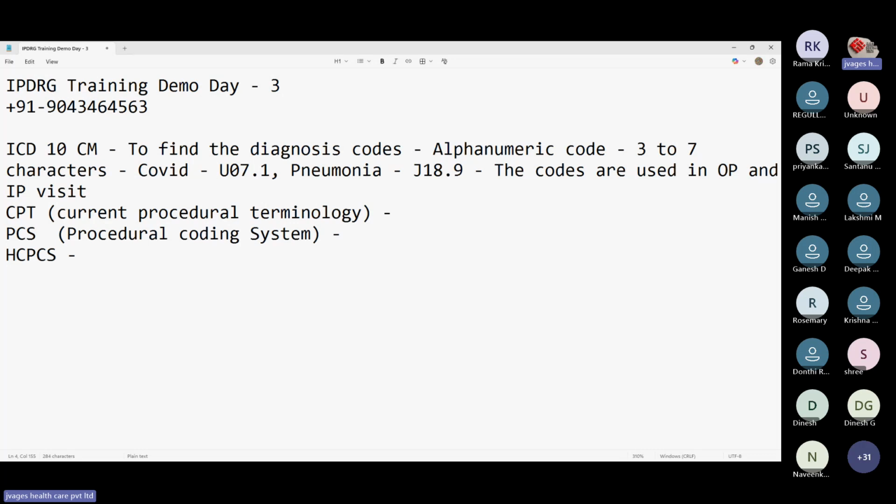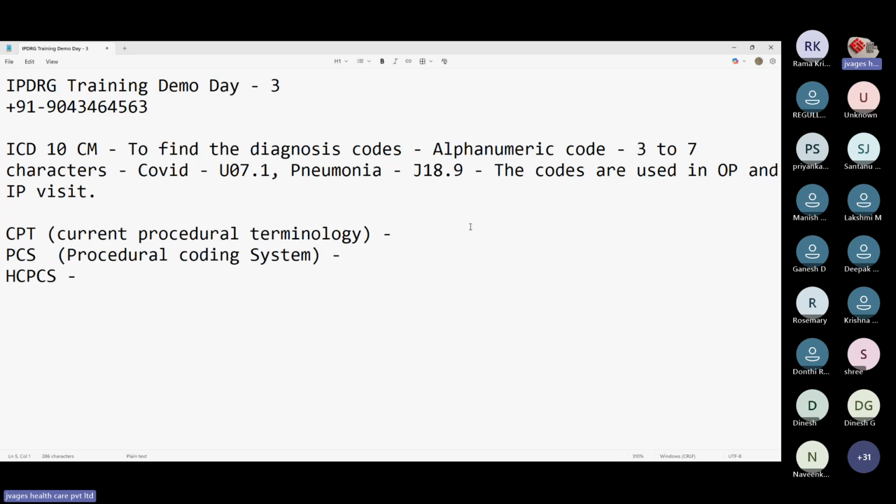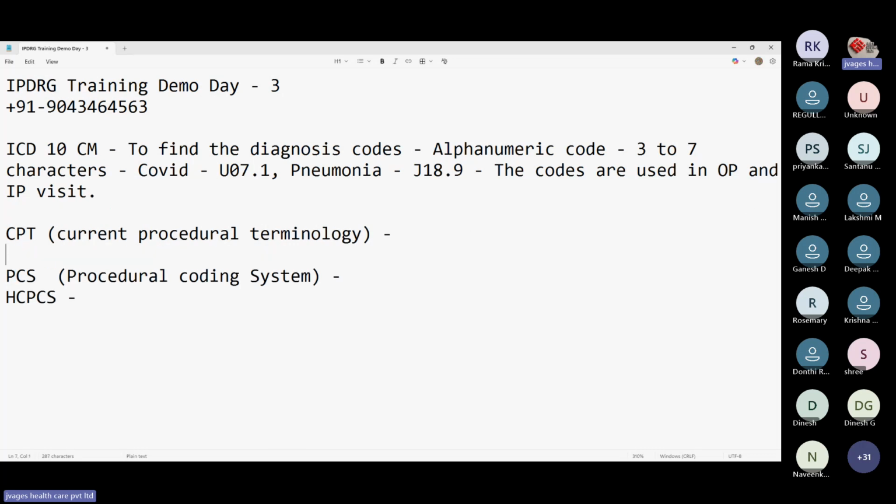Next is Current Procedural Terminology. When the patient comes to the hospital for outpatient services, if any procedure or surgery was performed, you need to use Current Procedural Terminology. Now you can understand why we need to know whether it is an inpatient account or outpatient account.